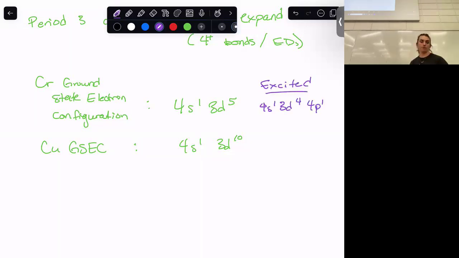It can jump up from the d orbital to the p orbital. So it's still the same number of electrons. We still have 6 total electrons, but we've now taken one from a lower energy orbital and put it into a higher orbital.